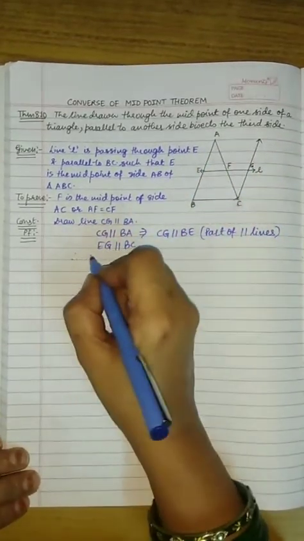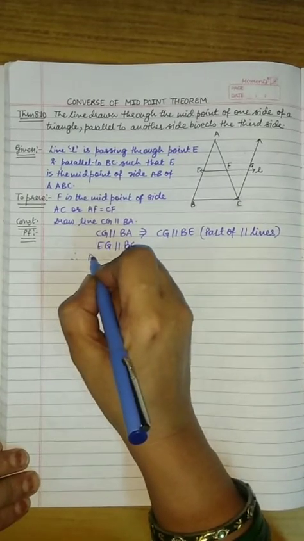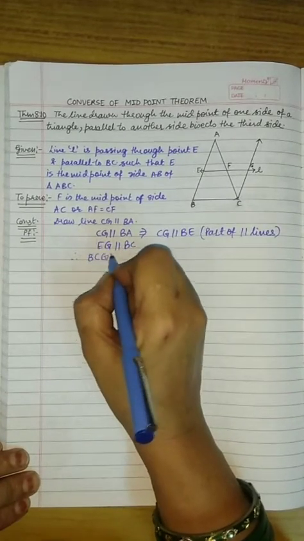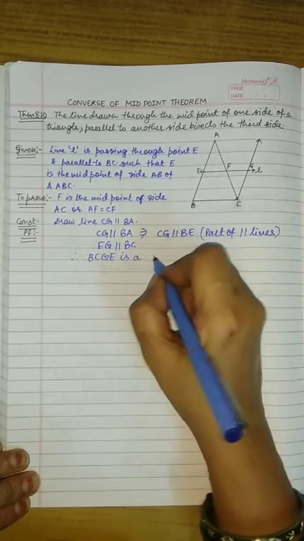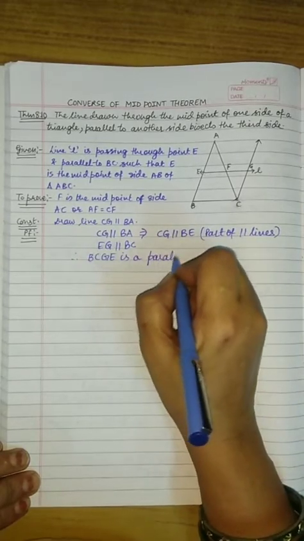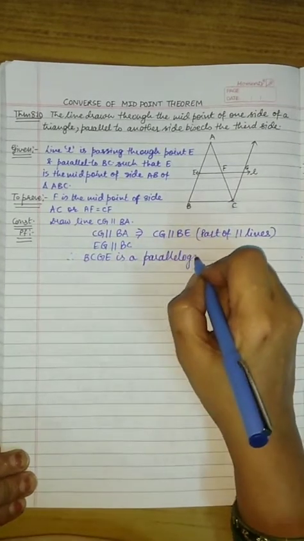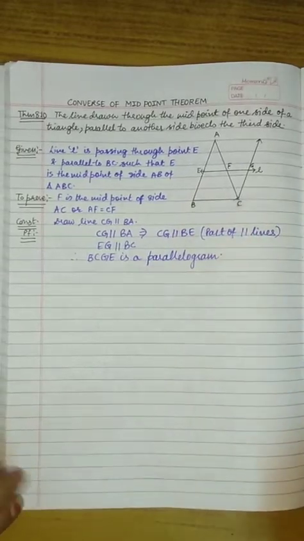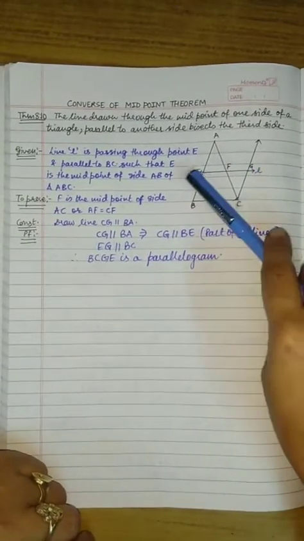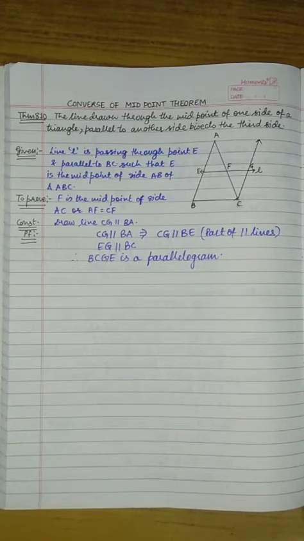Therefore you can say BCGE is a parallelogram. Opposite sides are parallel, so BCGE is a parallelogram.